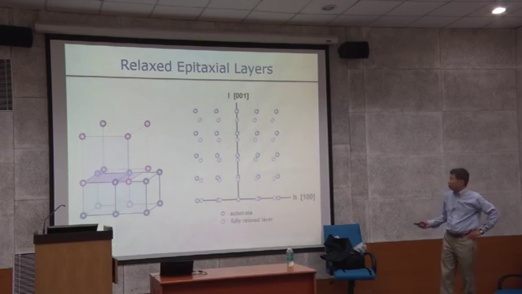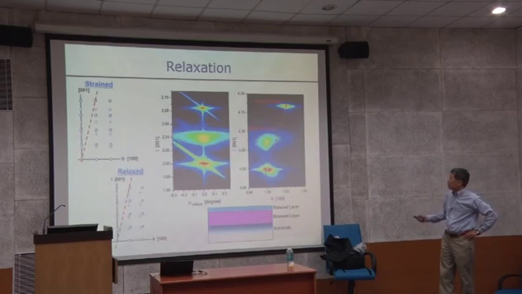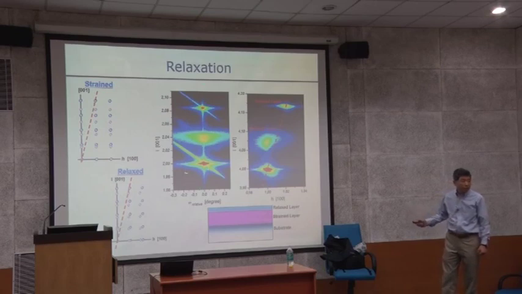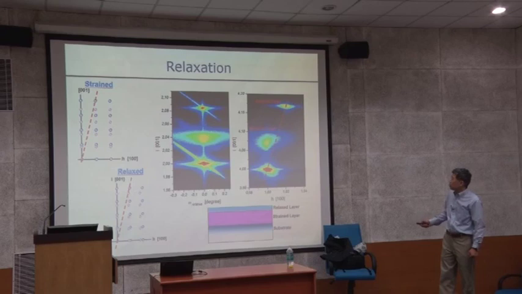So you're looking at this one, and then is this one lined up vertically, or off center? Which one is that? It's not lined up. But how about this one? It's lined up. So that means the same kind of material, and this is a completely strained layer.